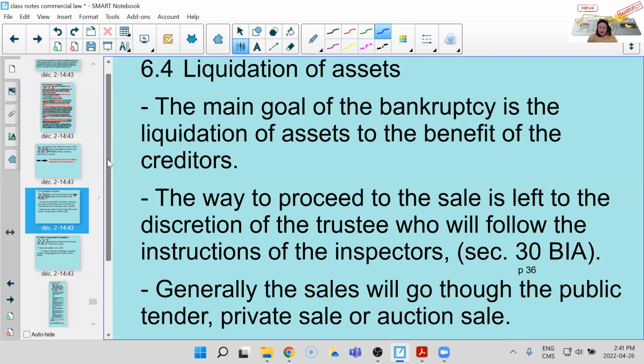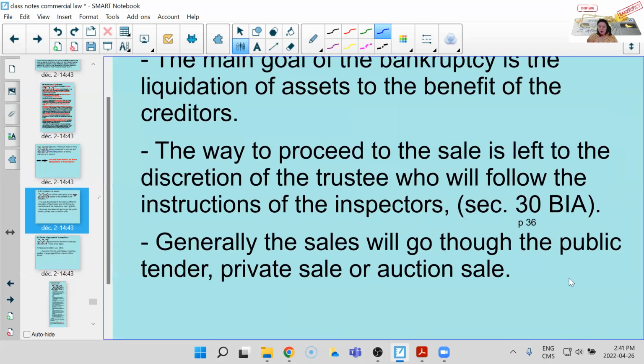So liquidation of assets, there will be instructions given on how we proceed. Again, for the sale of the property, it depends on what the property is. Is it an auction sale? Is it a private sale? Is there any other way? What is the most appropriate? The way to sell property in lots is not the same as selling a business, for instance.